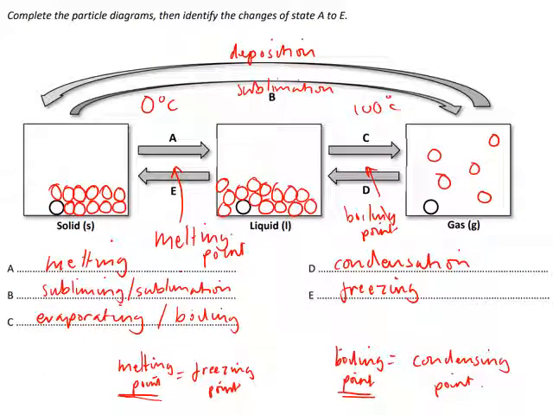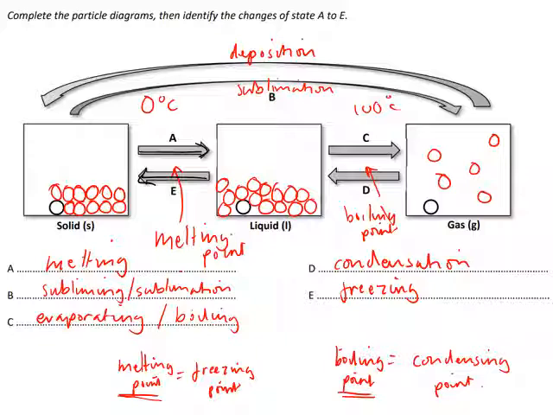Okay, so here are the answers. From your solid to liquid, your state change here is melting, and that therefore gives you the melting point. Now it's the same, melting point is the same whether you're going from solid to liquid or from liquid to gas. It's still called melting point, and that just makes it a bit easier for us.